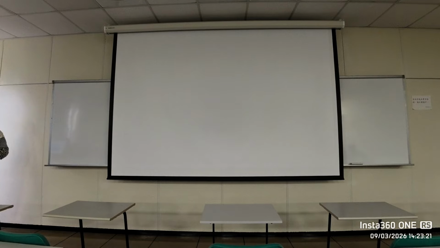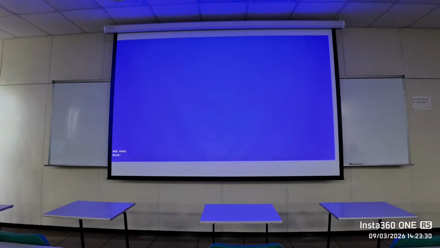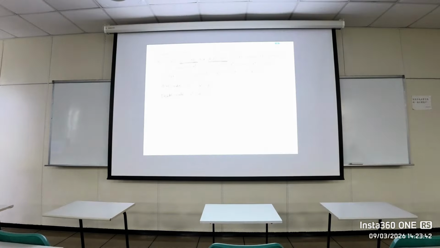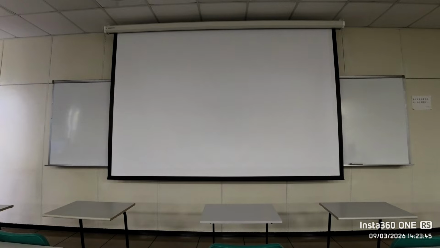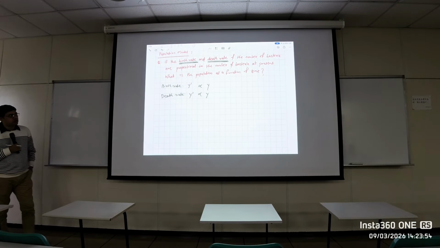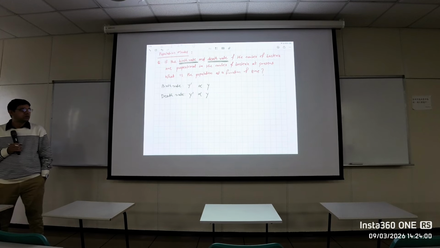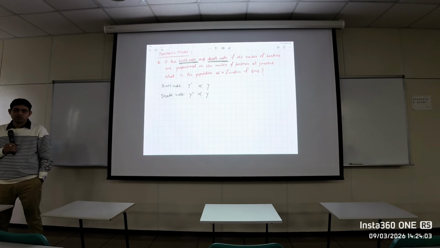Y dash. So it is saying that the birth rate and the death rate both are proportional to the population of the bacteria.